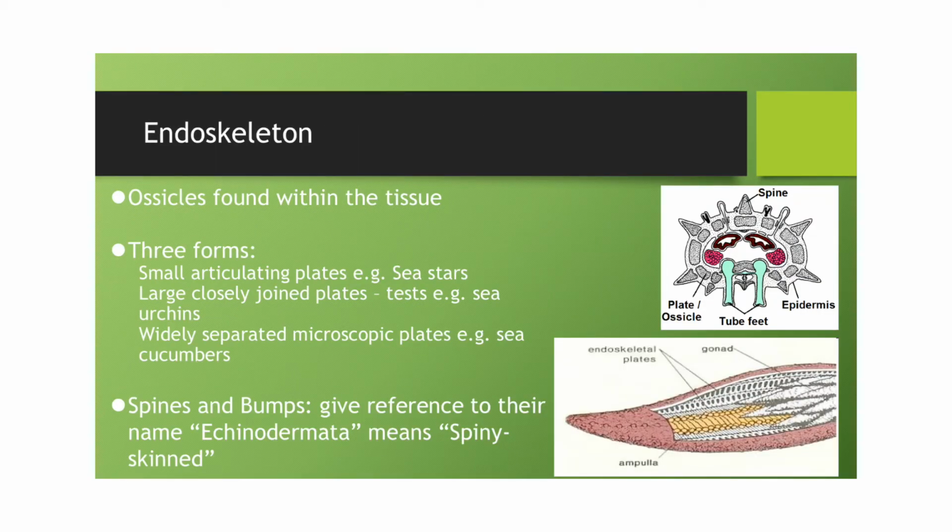Endoskeleton. This is where ossicles are found within the tissue. And there are three forms of endoskeleton: the small articulating plates, mainly in sea stars; large closely jointed plates, mainly in sea urchins; and also widely separated microscopic plates in sea cucumbers.